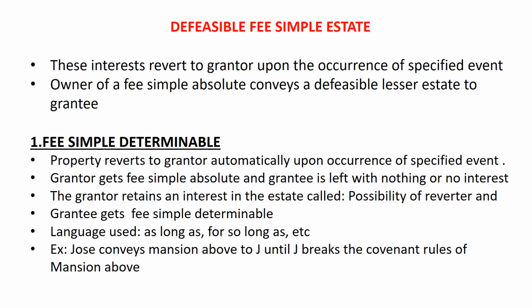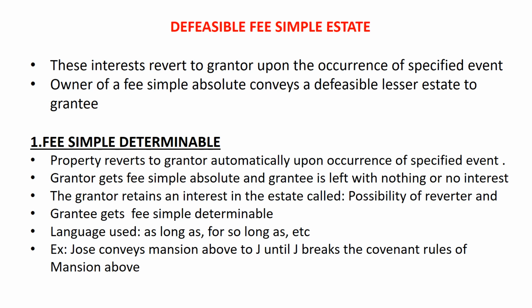Now, the defeasible fee simple can be twofold. One is fee simple determinable, where the property reverts to the grantor automatically upon occurrence of a specified event. The grantor gets fee simple absolute, and the grantee is left with nothing. So that is when the reversion takes place. The grantor retains an interest in the estate called the possibility of reverter, and the grantee gets fee simple determinable.